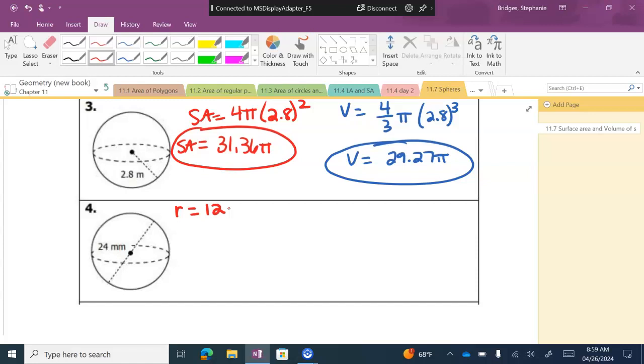I got the answer for this, but I think I got the volume. Okay, then find the surface area. 4 pi r squared.